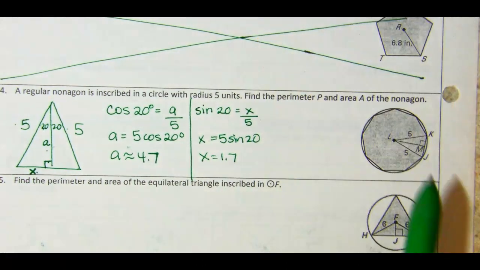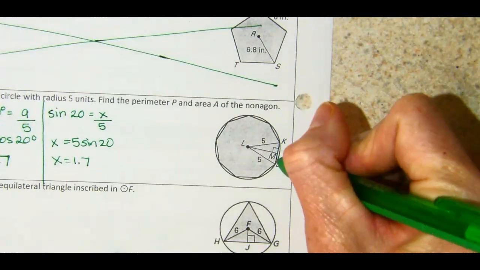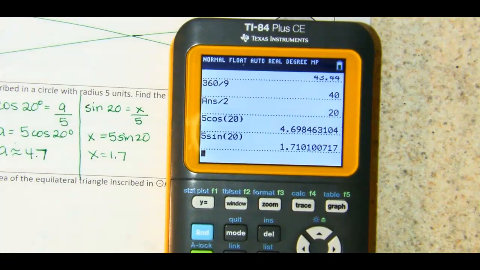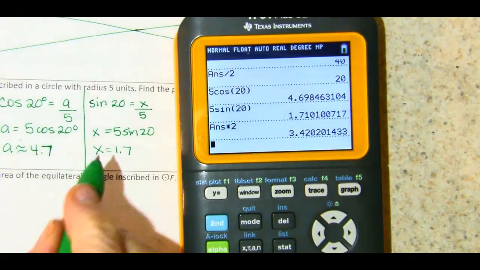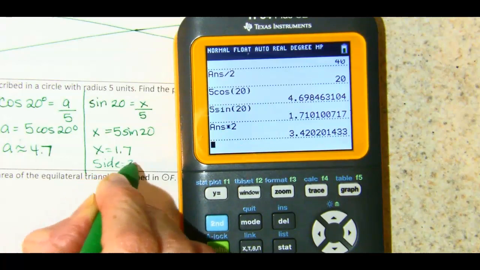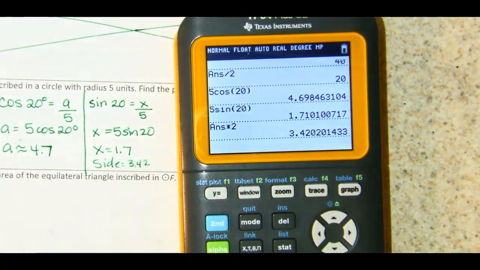What I really need is I need to know how long this side is of the nonagon.